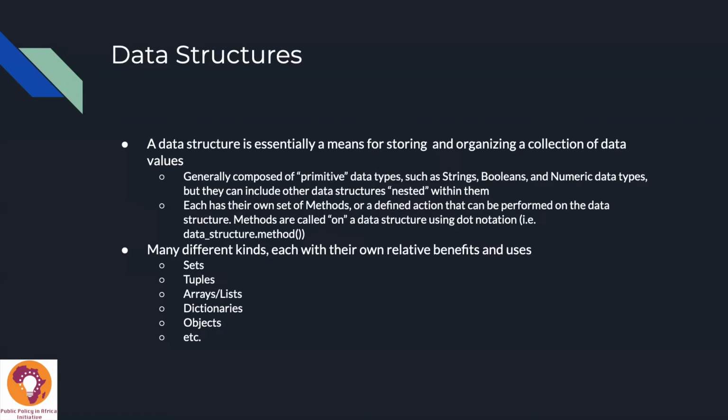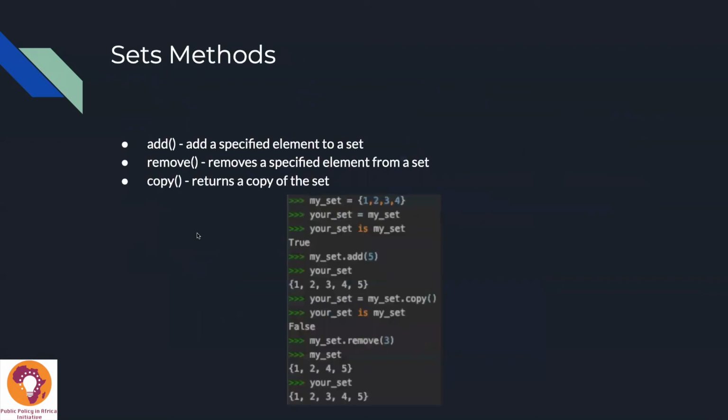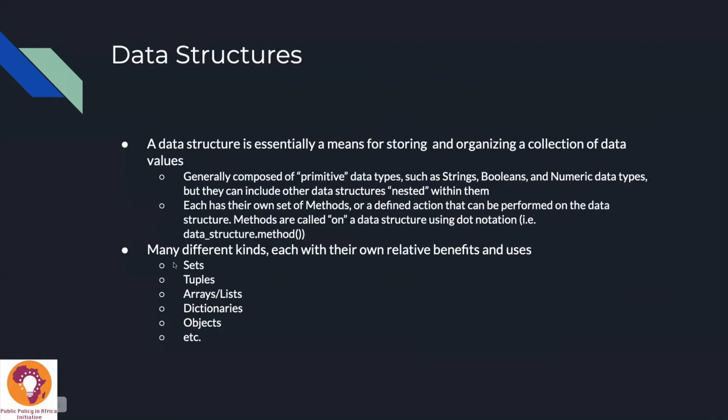Methods are called on a data structure using dot notation. So an example here is if we had a variable that was storing a data structure called data_structure. Then we would use the dot notation here with a period, and then we could call the method on there, and we have the parentheses after. A method is kind of like a function, like we've seen the print function, so you have to include the parentheses after.